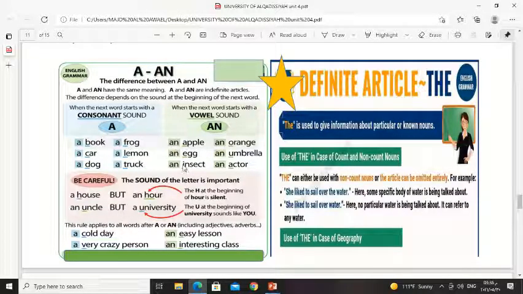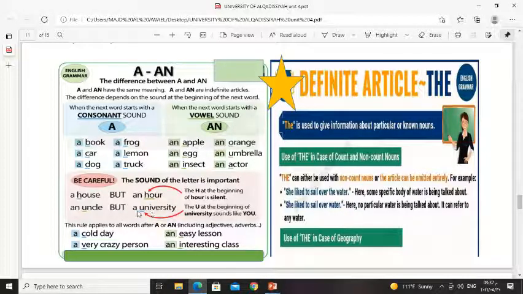نخلي an لما تبدأ الكلمة بحرف علة أو صوت علة، يعني هسه hour تبدأ بـ H اللي هو حرف صحيح، لكن لما نريد نعرفها بأداة التعريف نضيف an لأن الساوند هو للـ o.